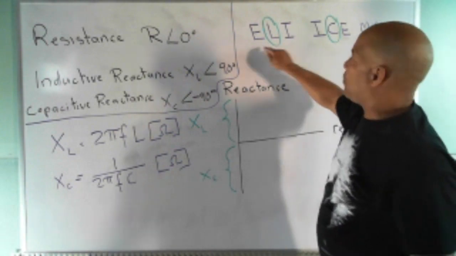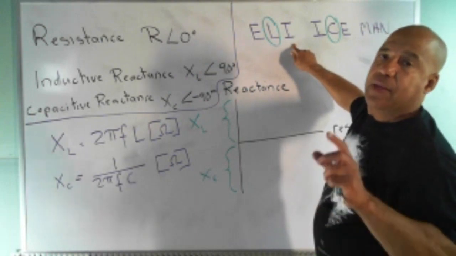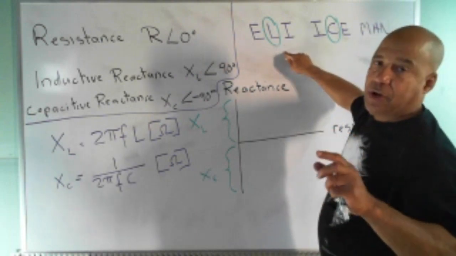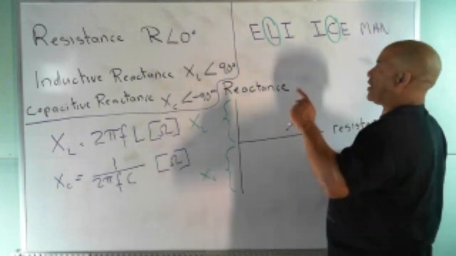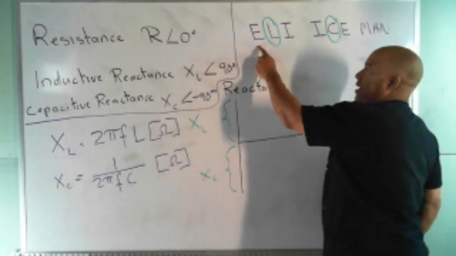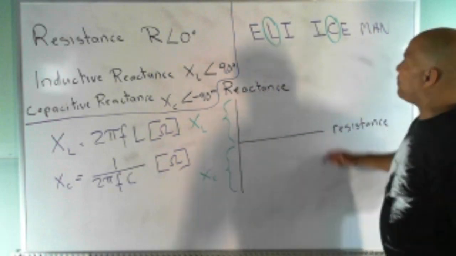The phase between them is 90 degrees. That's only true if I have only an inductor in the circuit. If I add a resistor in the circuit, that's going to change that phase angle. But for just an inductor, L, E happens before I, or the voltage leads the current by 90 degrees.